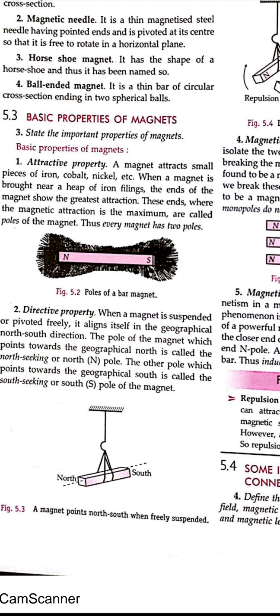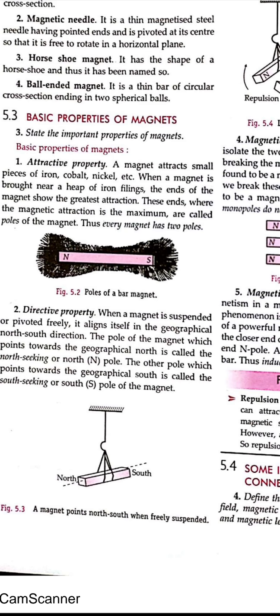When a magnet is near iron filings, iron objects or any other magnetic materials, the ends of the magnet show the greatest attraction. The materials are attracted towards the magnet, and the ends where the maximum attraction is seen are said to be the poles of the magnet.